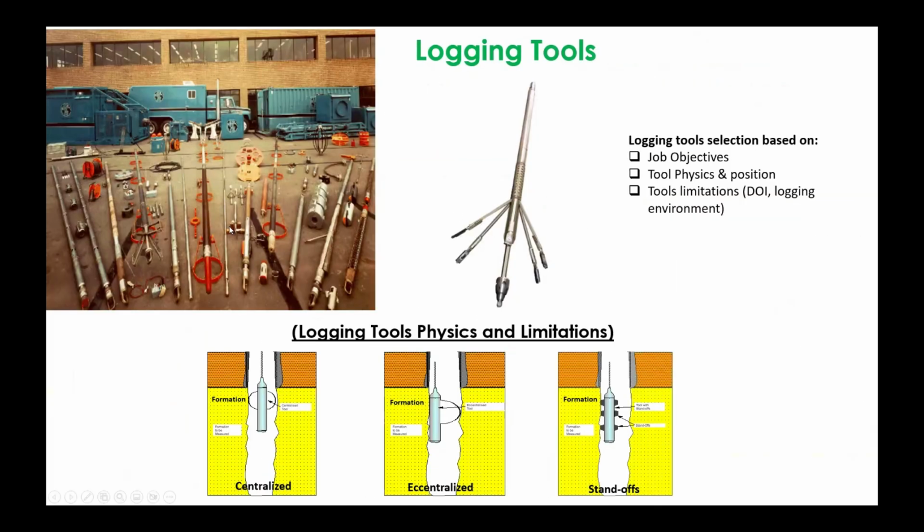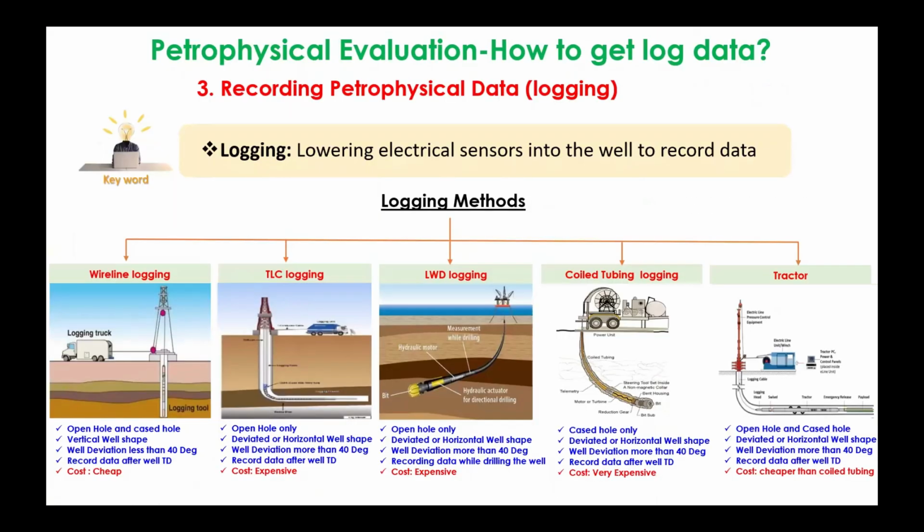As I mentioned, the logging tool selection is based on tool physics and position. Just imagine the petrophysicist has to know all these details, limitations, and the physics, to maximize the value from these logs. And for recording the data, we also have different methods.